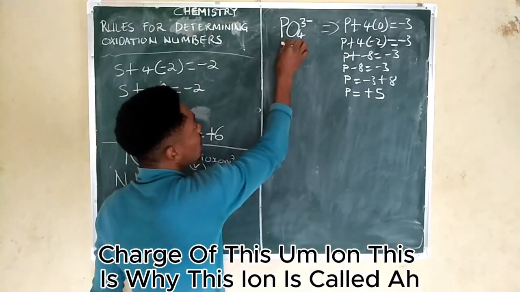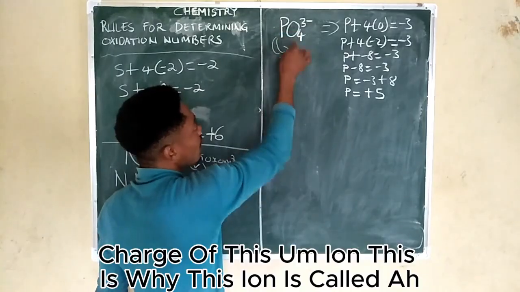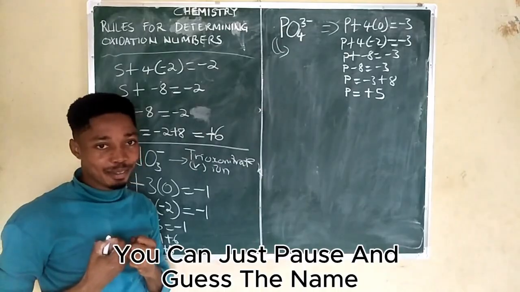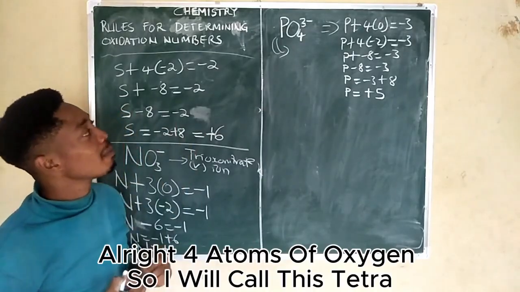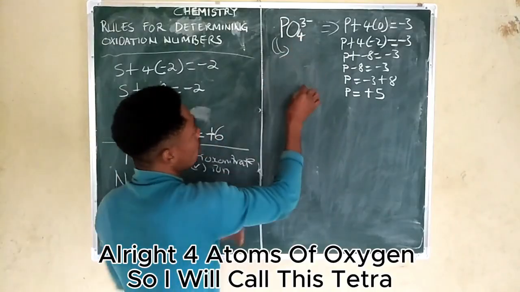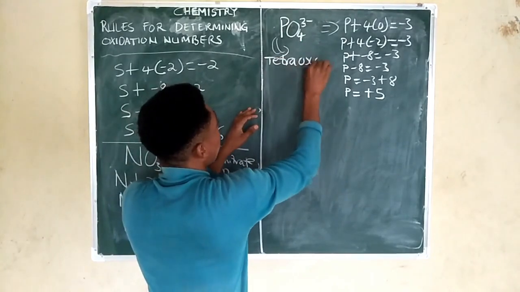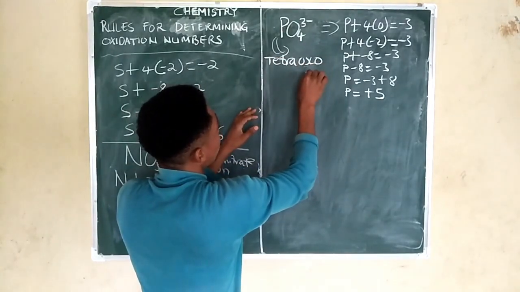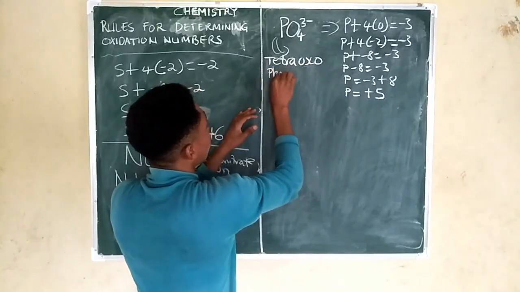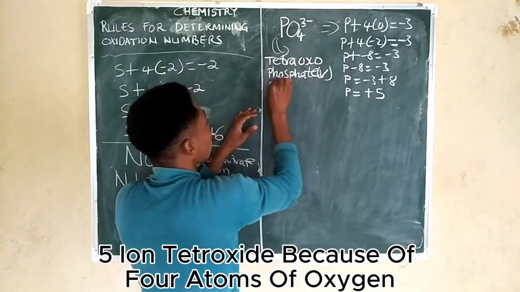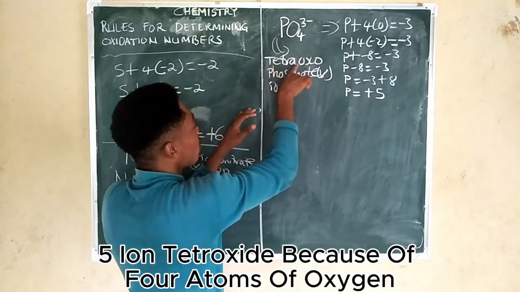This is why this ion is called, can you get the name of this ion? You can just pause and get the name. Alright, 4 atoms of oxygen, so I'll call this tetraoxophosphate 5 ion.